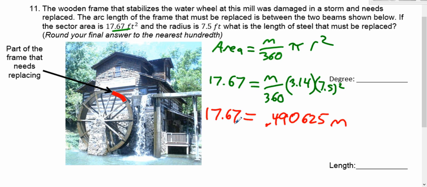So to solve for m, you just divide by that number, that 0.490625. 17.67 divided by 0.490625. And you get m equals 36.015. So let's round that to 36 degrees.